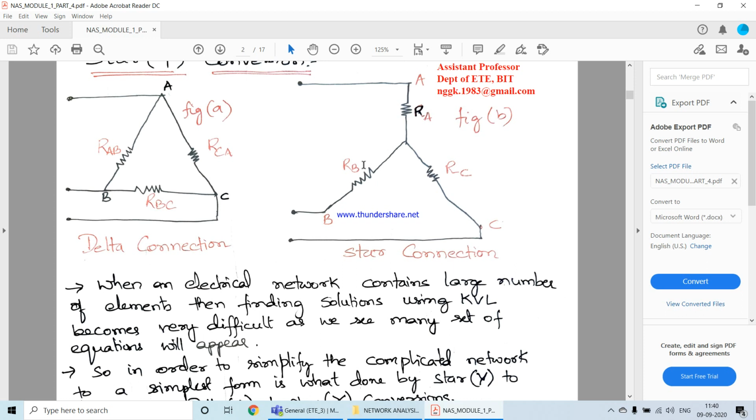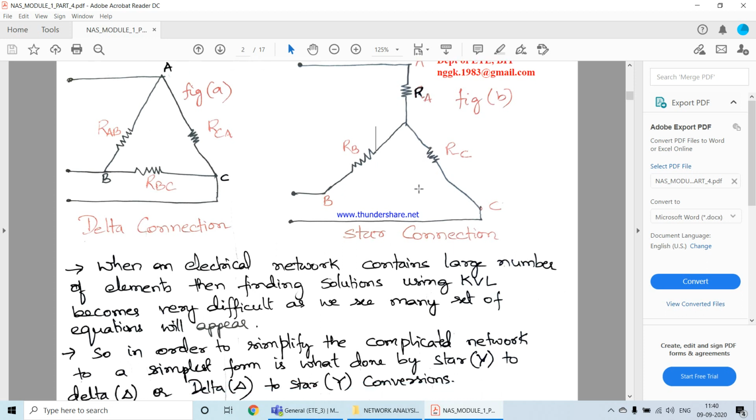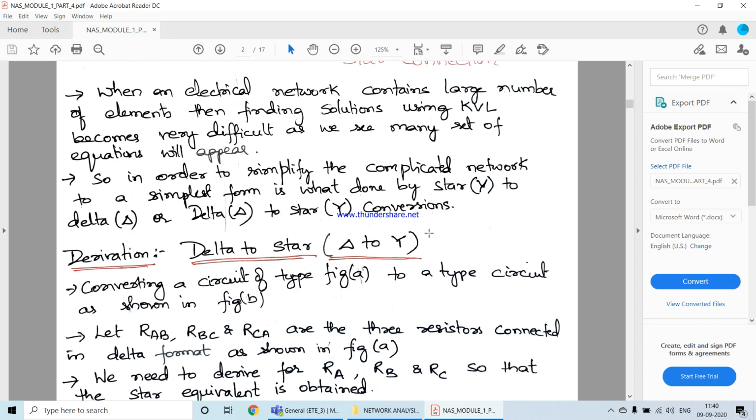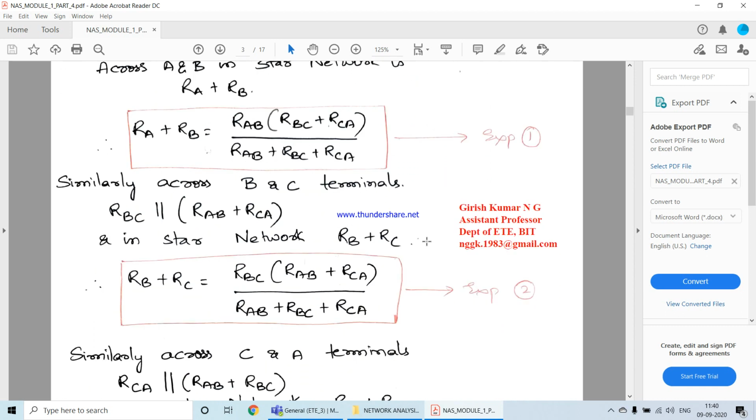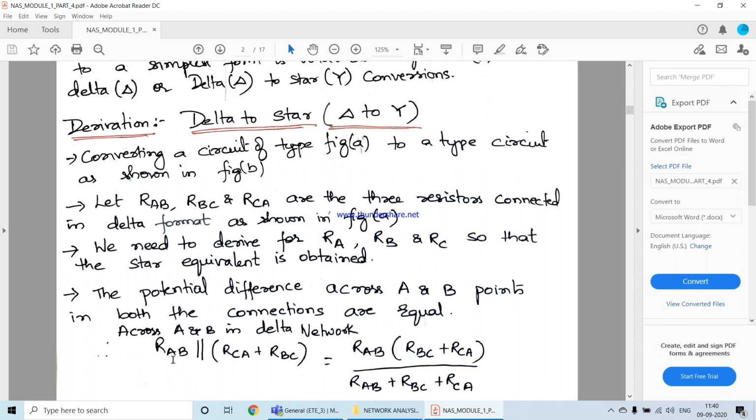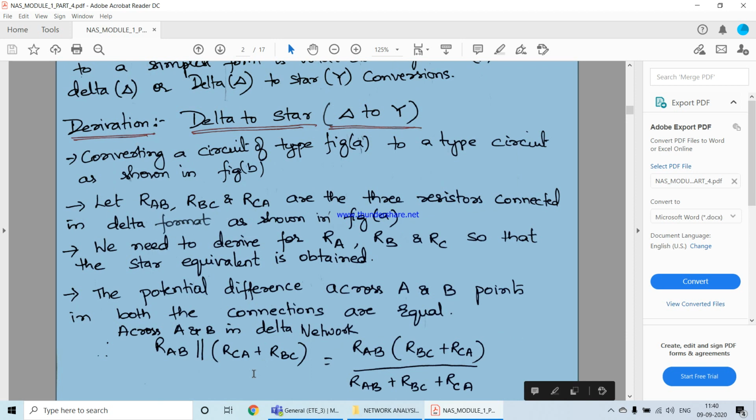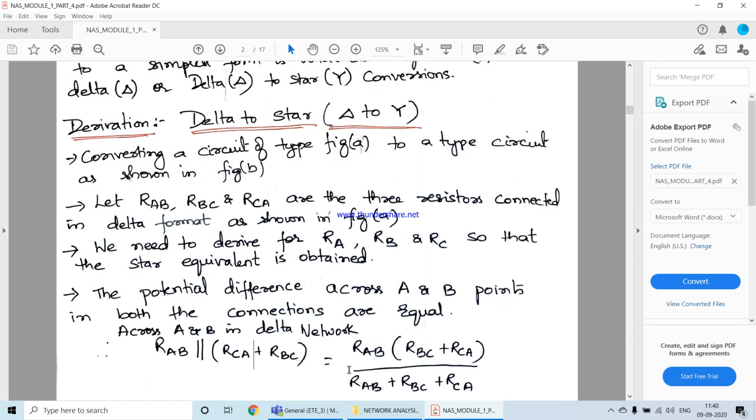Now what we do is we equate these two equivalent resistances. So that is what I have done here. You can see RAB parallel with RCA plus RBC is equal to RAB into RBC plus RCA divided by RAB plus RBC plus RCA. You all know what happens when two resistances are in parallel: R1 into R2 divided by R1 plus R2 is the regular equation we learn for two resistances in parallel.